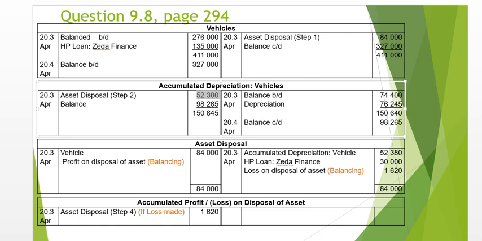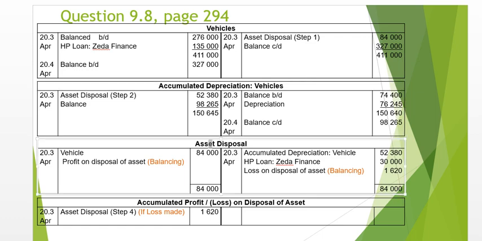So we need to take that out. How we do it? We just need to take it to the debit side. We're going to debit 52,380 on the 1st of April 2003, and then we need to take that to our asset disposal account. And in our asset disposal account we will credit 52,380.